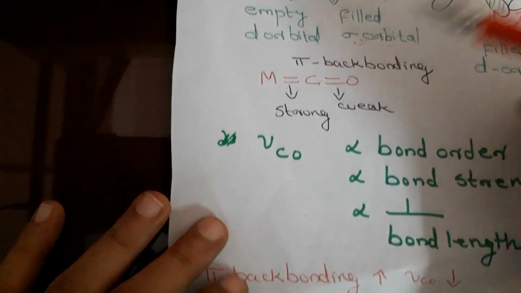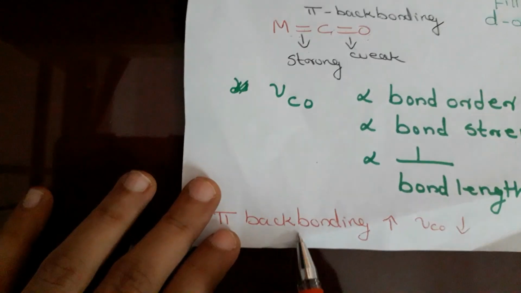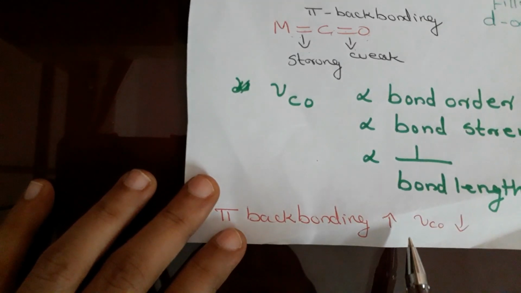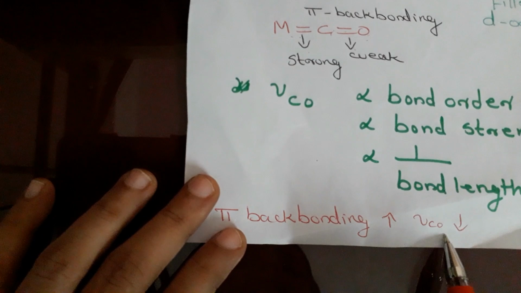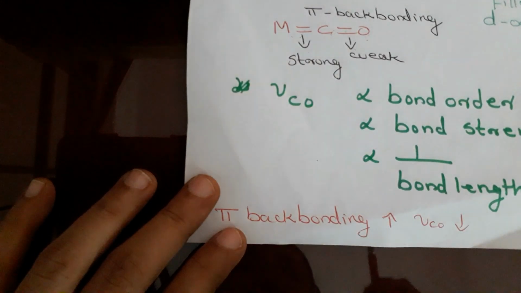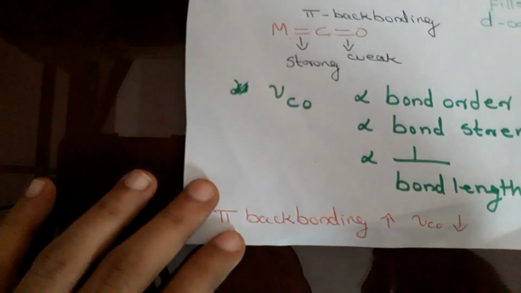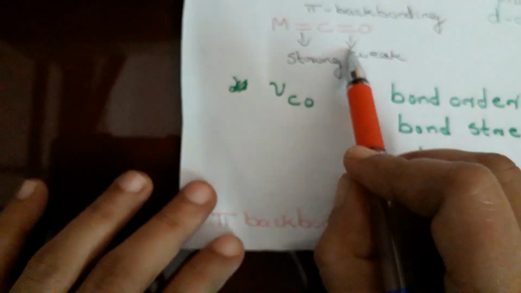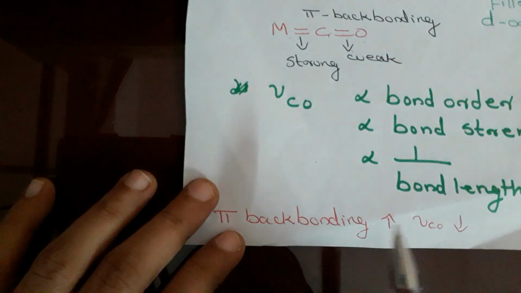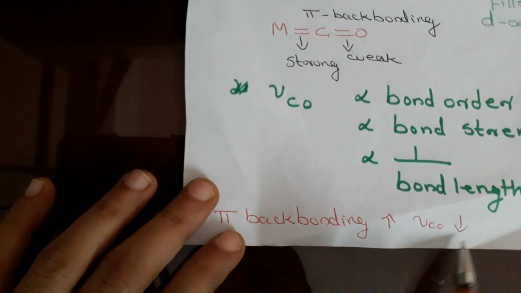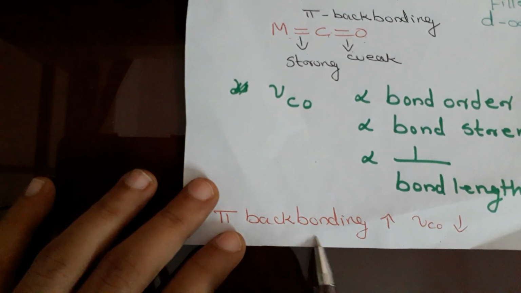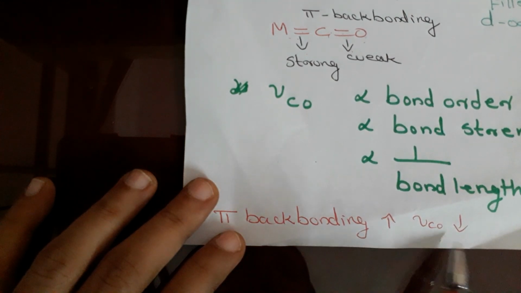So when pi backbonding increases, the stretching frequency decreases. What is the concept? When pi backbonding increases, the CO group becomes weak, so the stretching frequency decreases.